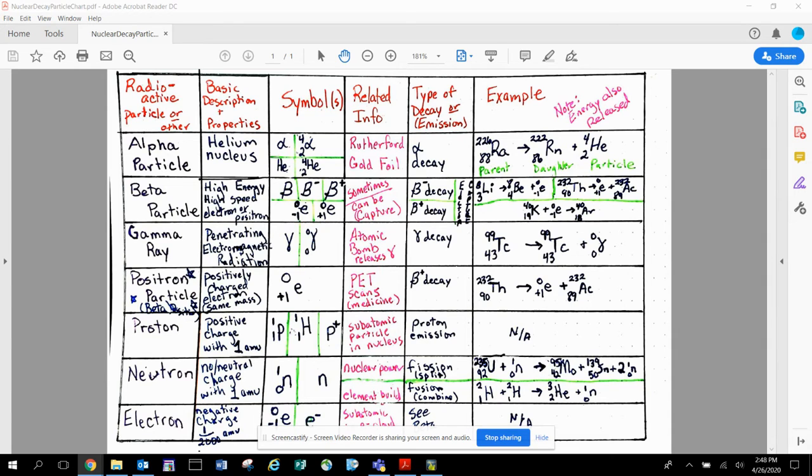Now let's quickly talk about nuclear particles, okay? So lowercase n as opposed to uppercase N. Uppercase N is nitrogen, and lowercase n is neutron, okay? So a neutron has zero, so I would put a zero down left.